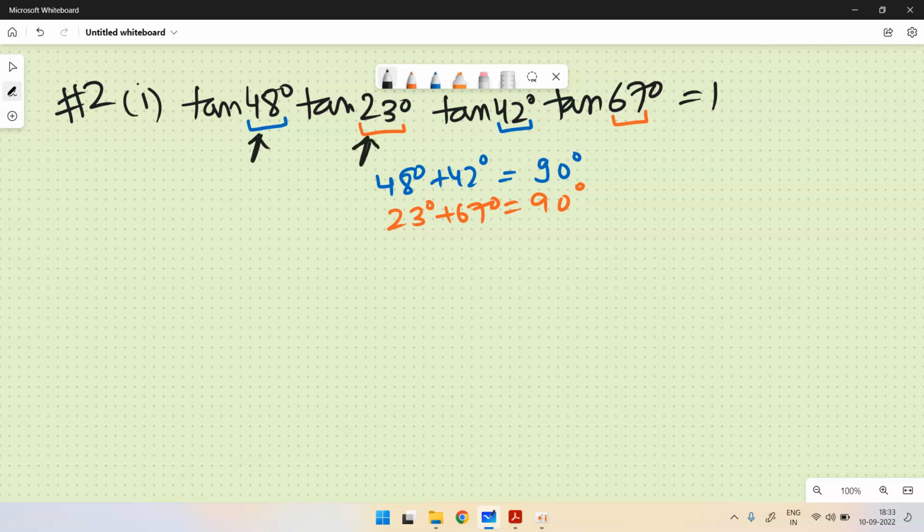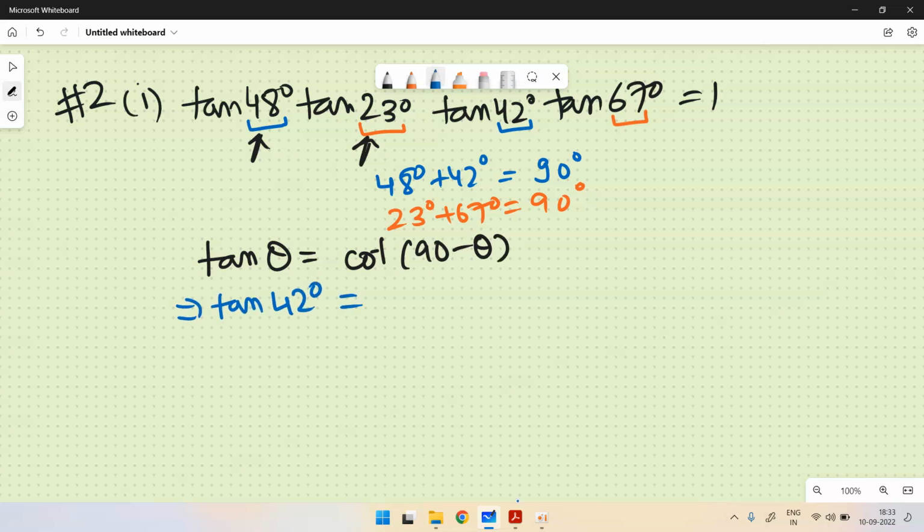I will take 48 and 23. Tan theta is written as cot of 90 minus theta. So if you substitute the value of theta as 42 degree, tan of 42 degree is nothing but cot of 90 minus 42 degree, which is cot of 48 degree.